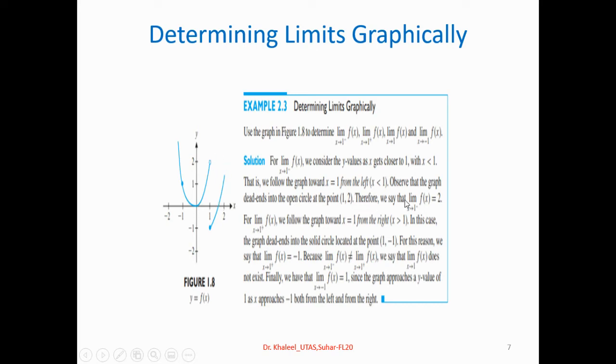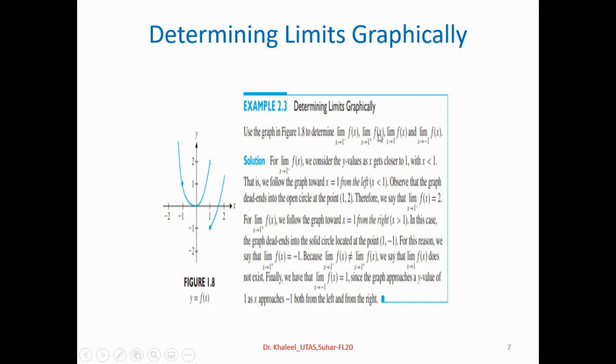The limit of f(x) exists and is equal to 2, but the value of the function does not exist. That means the limit is 2, yet f(1) is not equal to 2, because of the open circle, it is not defined.